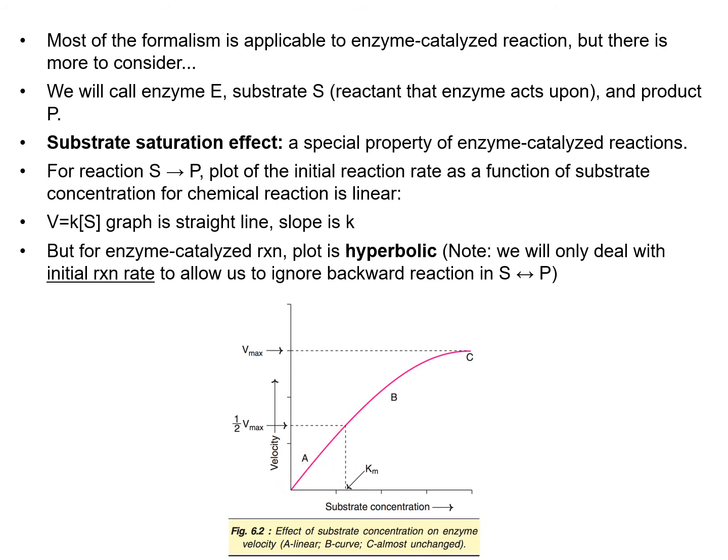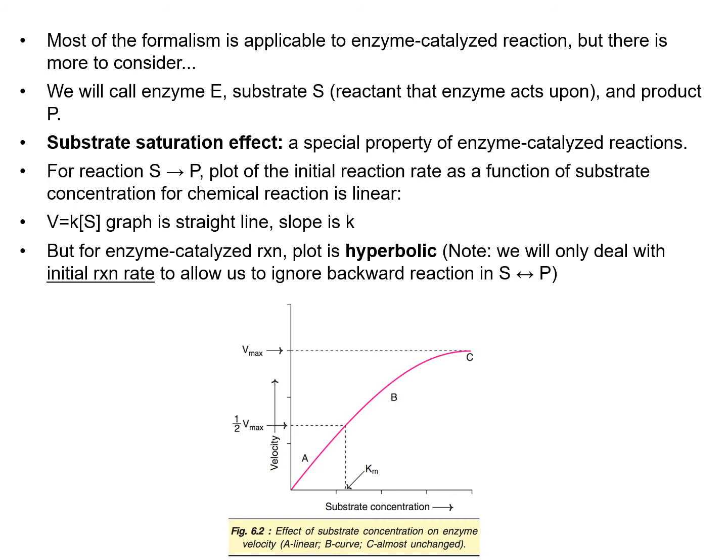But for this enzyme catalyzed reaction, when you especially look at the extended window of substrate concentration, for the higher concentrations of substrate, the plot is hyperbolic. So you're going to see that this velocity gets slower and slower, so the slope flattens, and then we'll see a plateau at the end where the velocity is at the maximum speed.